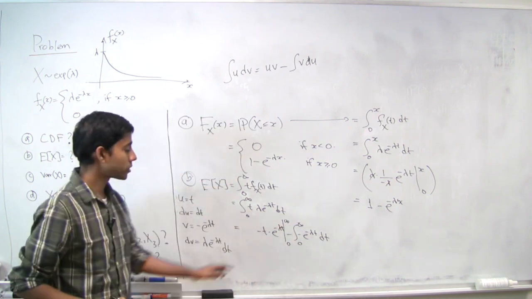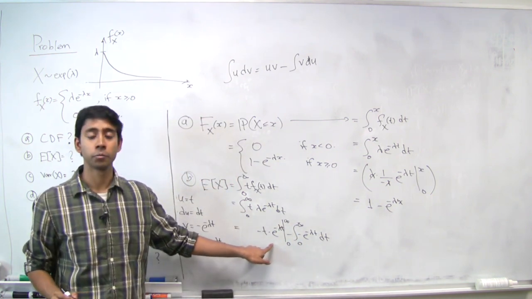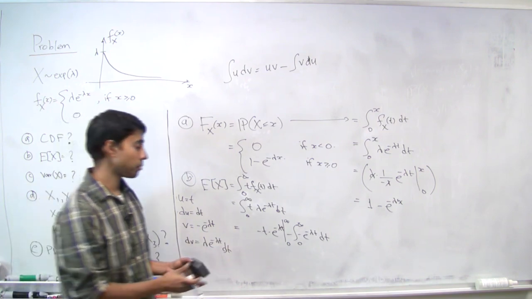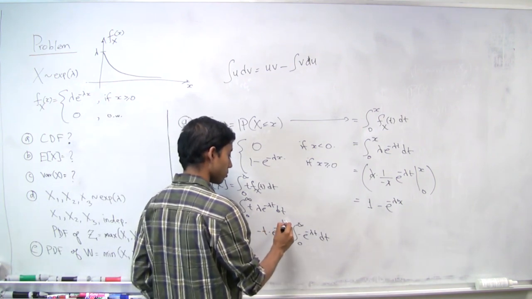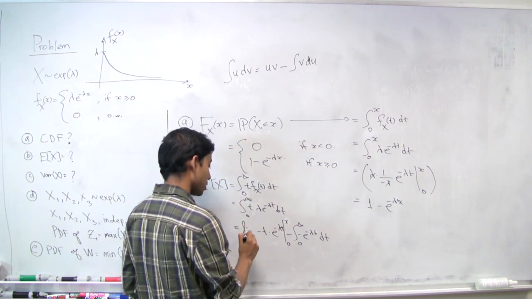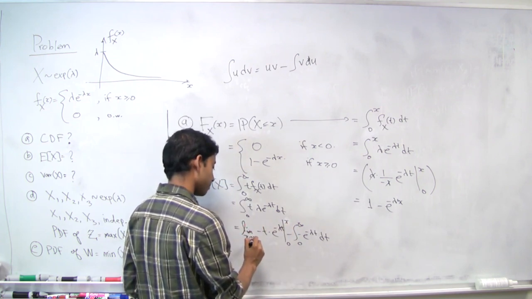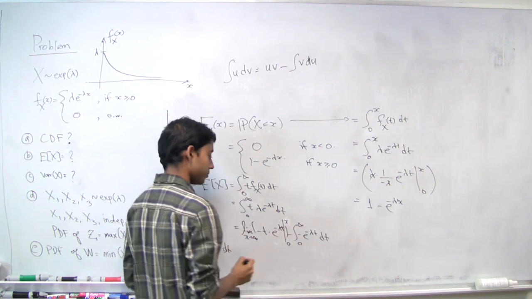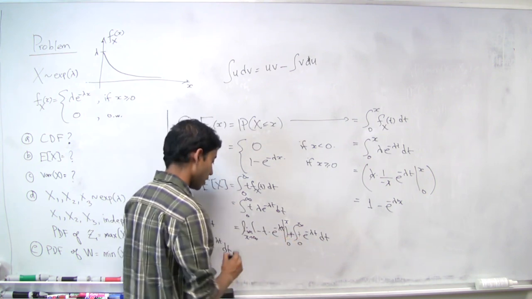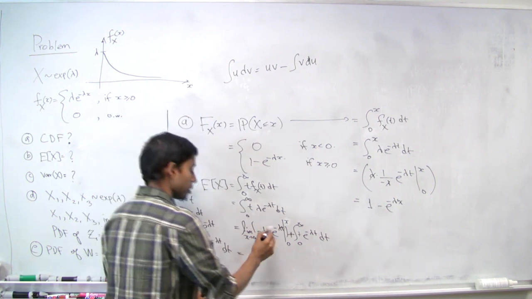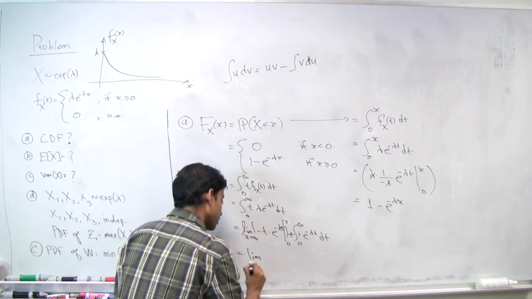Well, what does it mean for this to be evaluated from 0 to infinity? An easier way to look at this is to say it's going to go from 0 to x, but then you take the limit as x goes to infinity. That's going to help us here. These negatives cancel, and let's plug in the bounds.